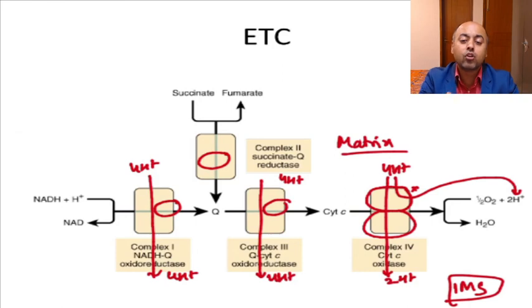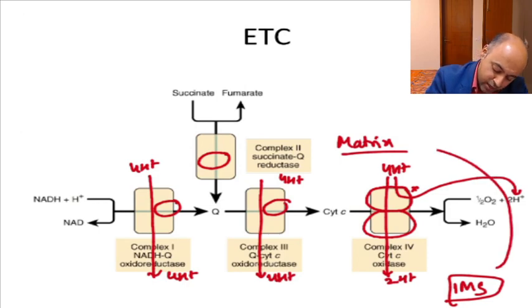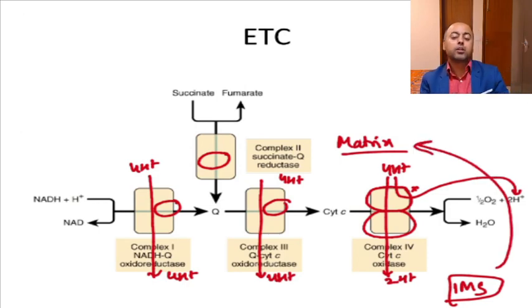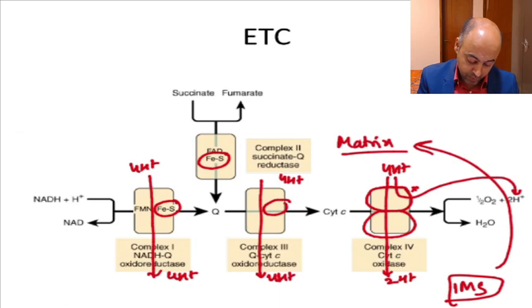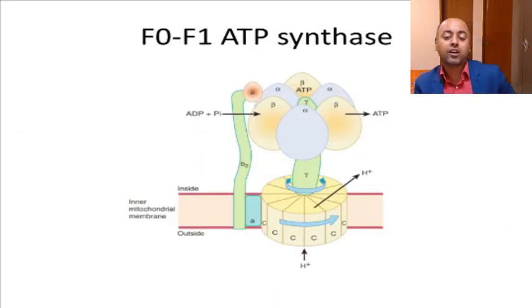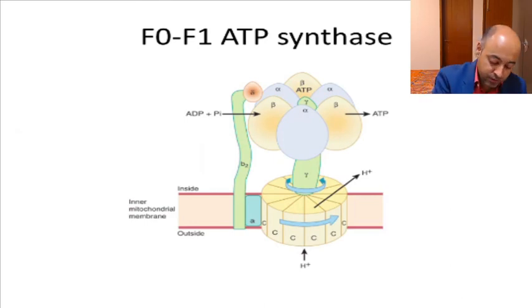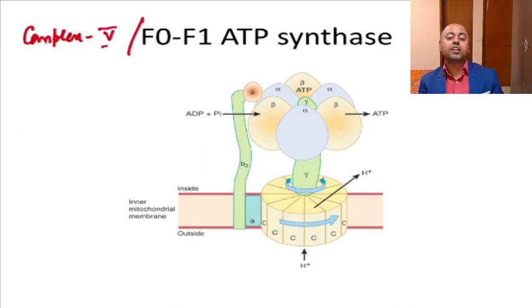You find more protons in the intermembrane space, so they want to go back to the matrix. But you remember, the inner mitochondrial membrane is impermeable, nothing can cross it, so it requires channels. One example of that channel is the F0 F1, also known as ATP synthase, also known as complex 5 of the electron transport chain.